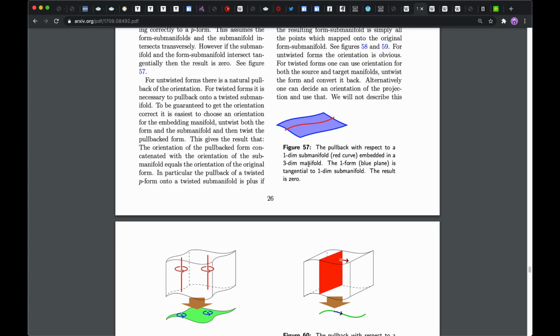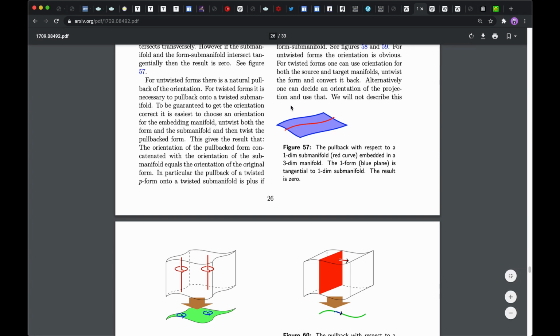So basically that's the part where the form equals 0. So we do not have the correct intersection here, and that's the same situation we had with the wedge product a few chapters ago.